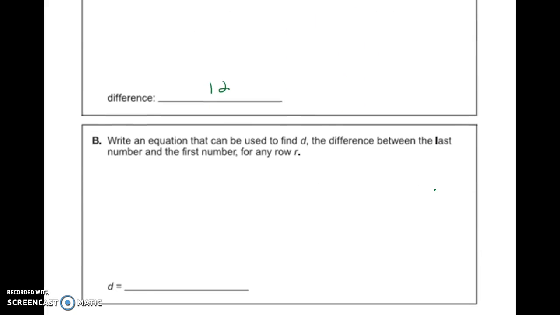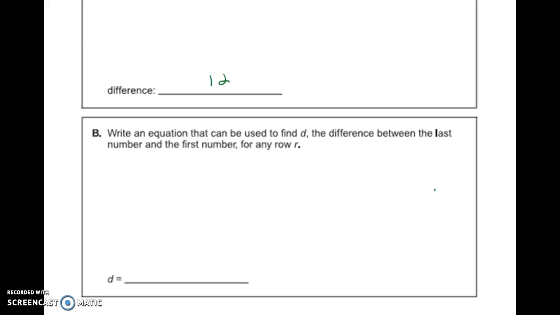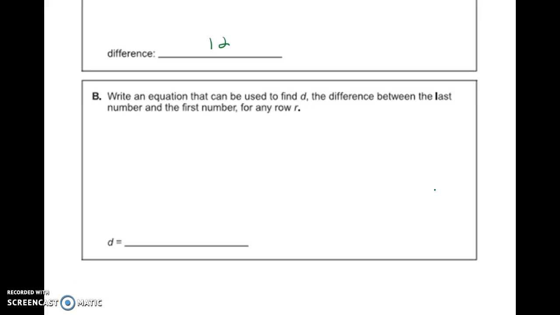Now write an equation that can be used to find the difference between the last number and the first number for any row R. This one is a little bit harder because we have to think abstractly. If we think that R, the row number, is the same as the number of terms in a row, then the difference would be R minus 1 times 3, because there's a difference of 3 between each number.